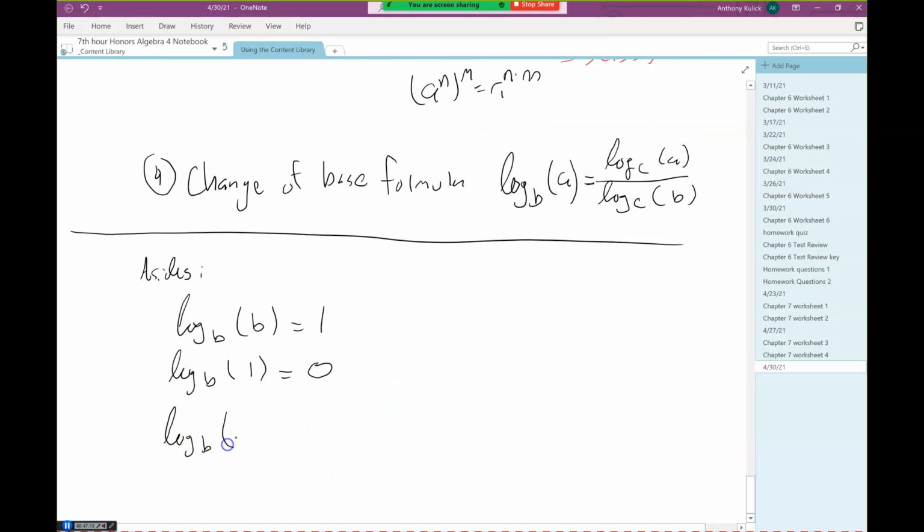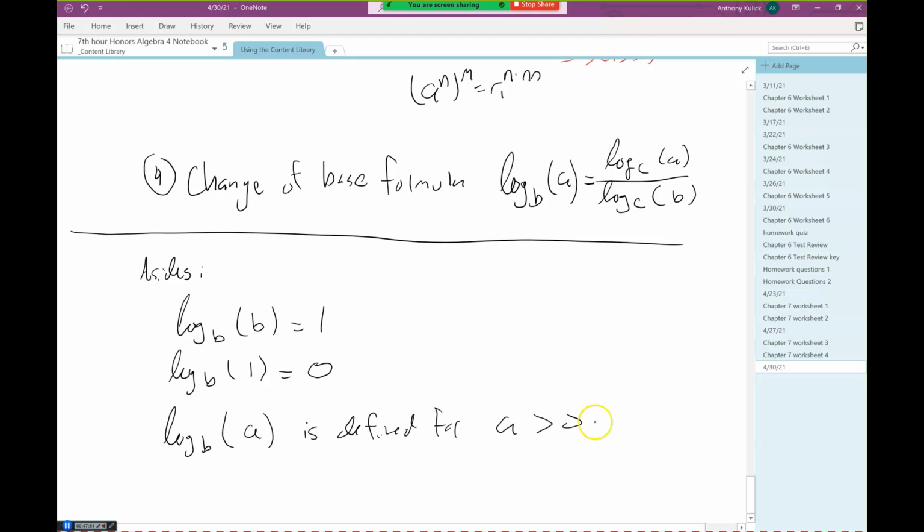And then if I say log base b of a is defined for a's greater than 0, why would that have to be true? If I take a non-zero number and raise it to a power, can I get 0? No. Can I get a negative if I'm taking a positive number and raise it to a power?